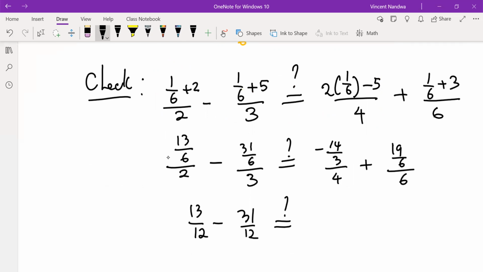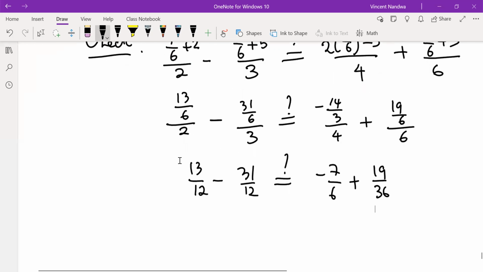Minus 14 over 3 divided by 4 gives minus 7 over 6, and 19 over 6 divided by 6 gives 19 over 36. So when we add it to minus 7 over 6, the right-hand side gives us minus 23 over 36.